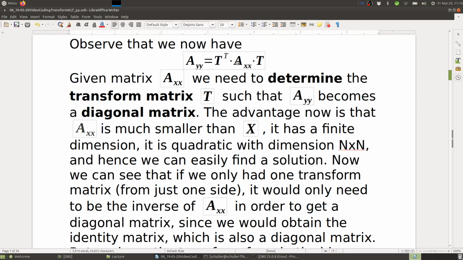Then we would just need to multiply both sides with AXX inverse. Then we would have AXX inverse. That would determine the T, right? So for AYY we would plug in some diagonal, and then we would obtain T by just taking the inverse.